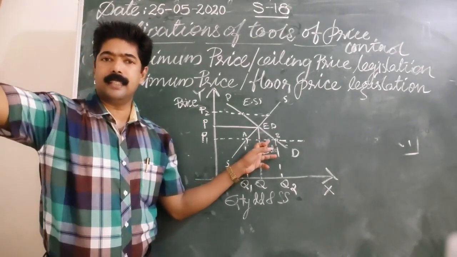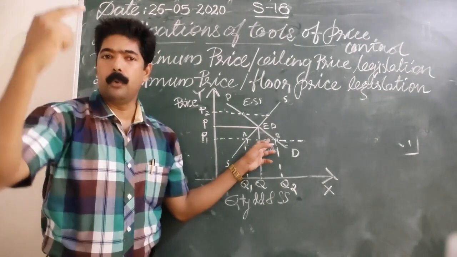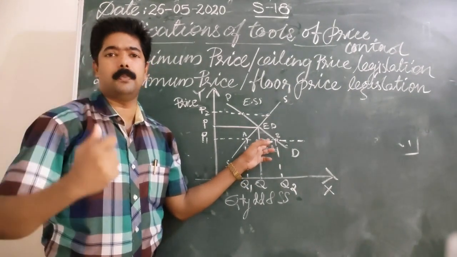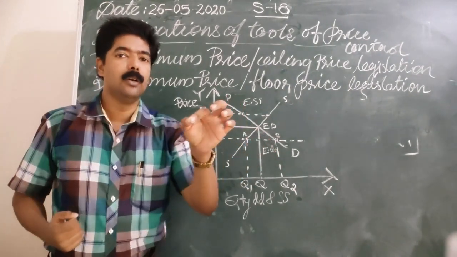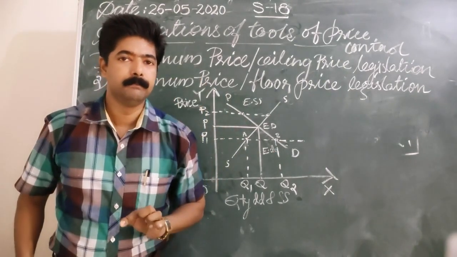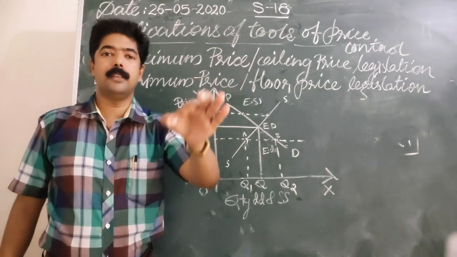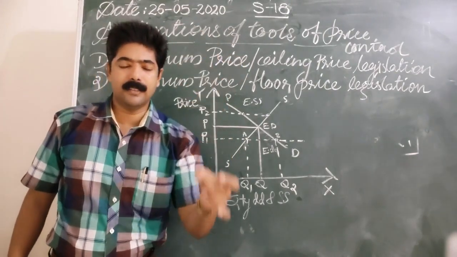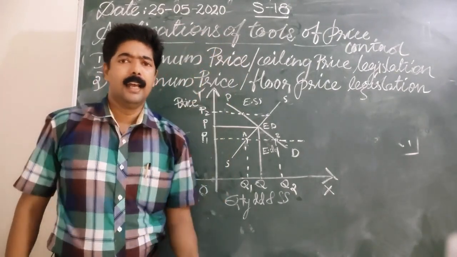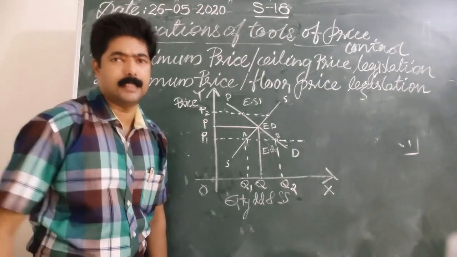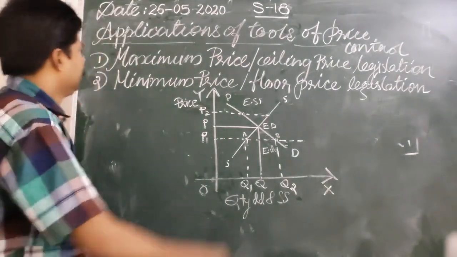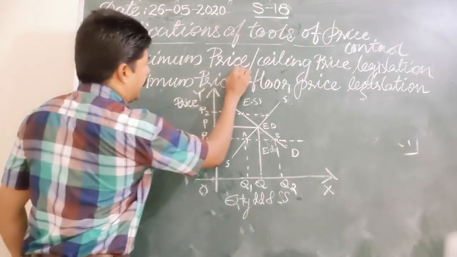Price increases. When price increases, poor consumers are not ready to purchase. Then who interferes here? Government. The government intervenes and fixes a price. What price? Maximum price.